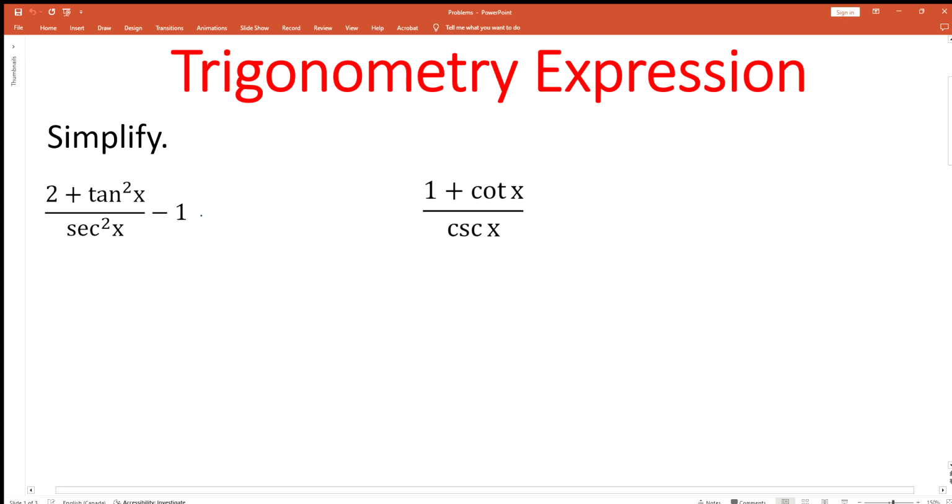The denominator of 1 is 1. We can combine these fractions by finding a common denominator. The common denominator is secant square x, so we should multiply 1 over 1 by secant square x in the numerator and denominator.